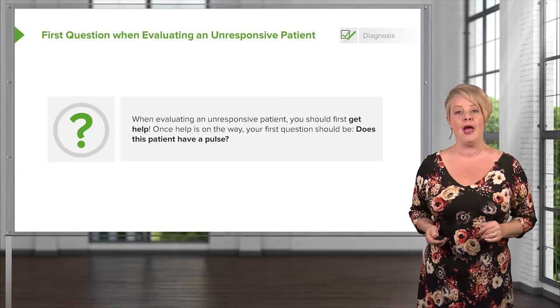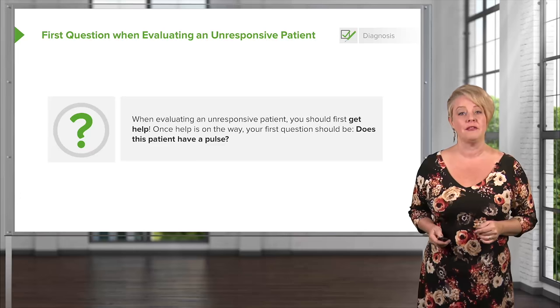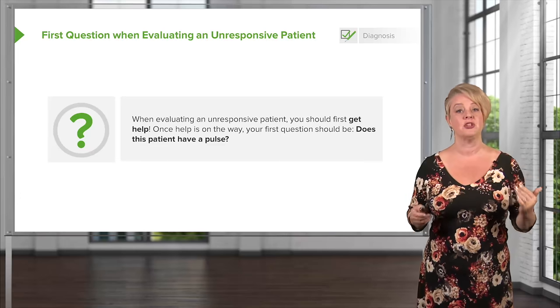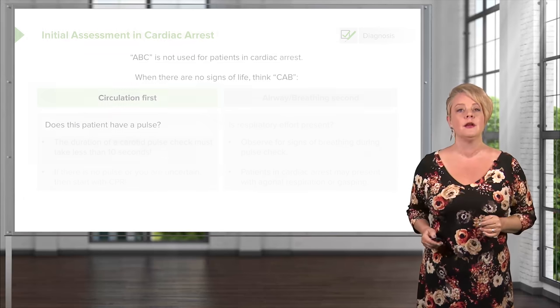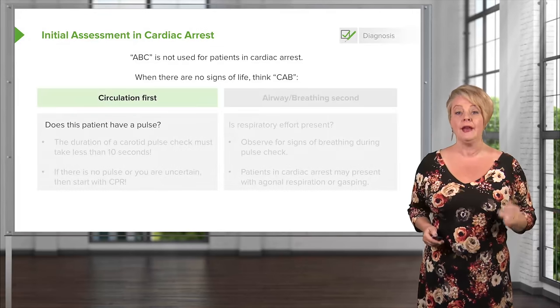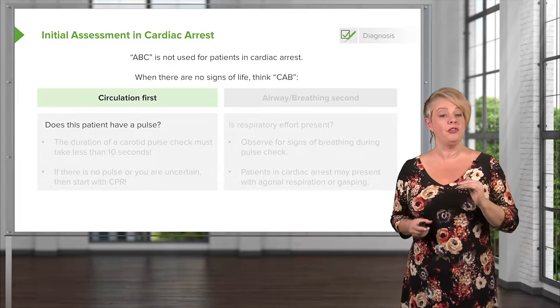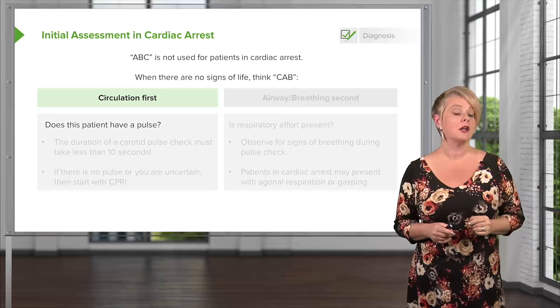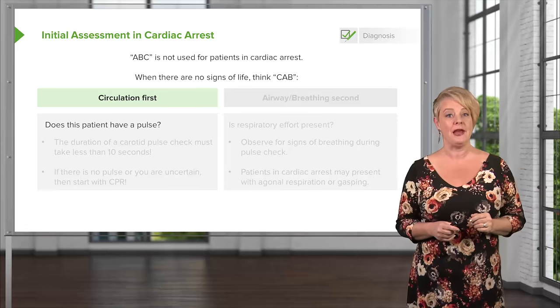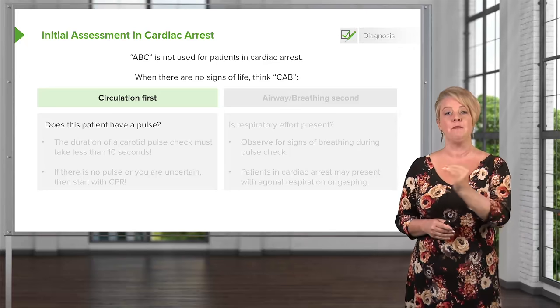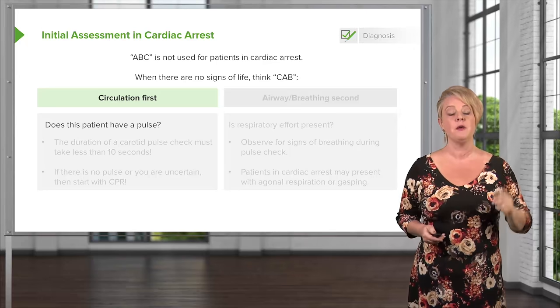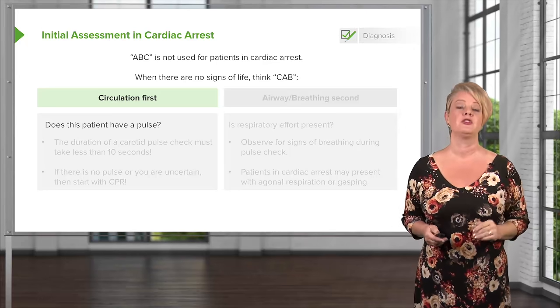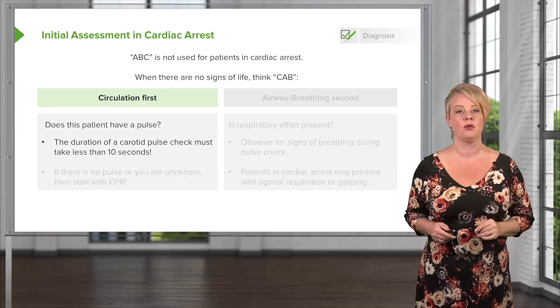Once you have help on the way, the next question you want to ask yourself is, does this patient have a pulse? This is why in cardiac arrest, we don't use the old ABC mnemonic that we talked about in prior lectures to assess the patient. We use CAB, circulation first, because the first and most important question is whether or not your patient has a pulse.